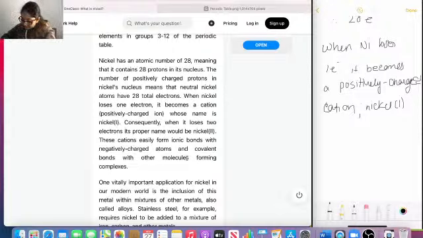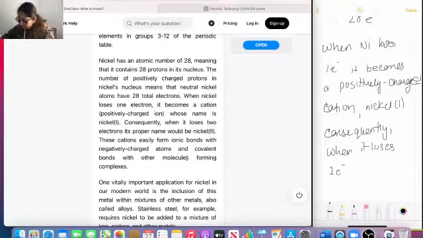Consequently, when it loses 2 electrons, it becomes Ni 2+.